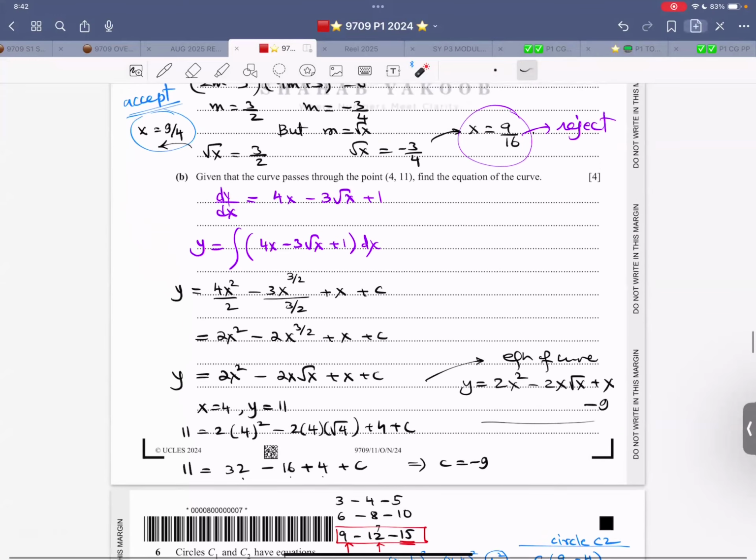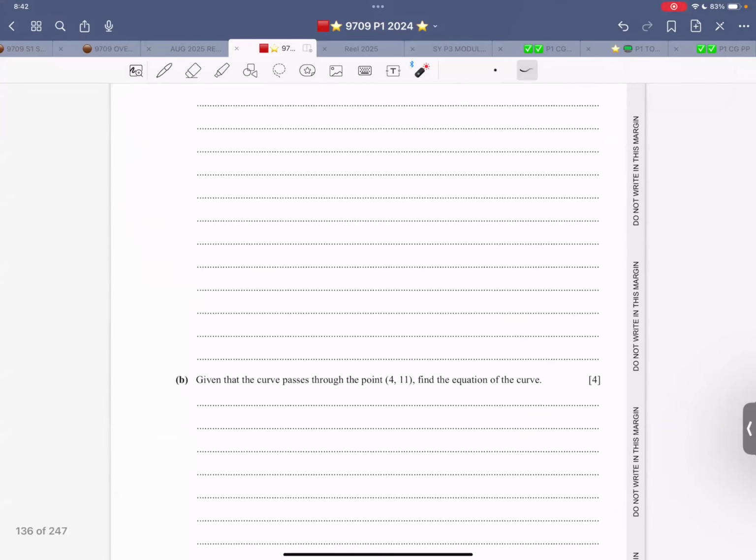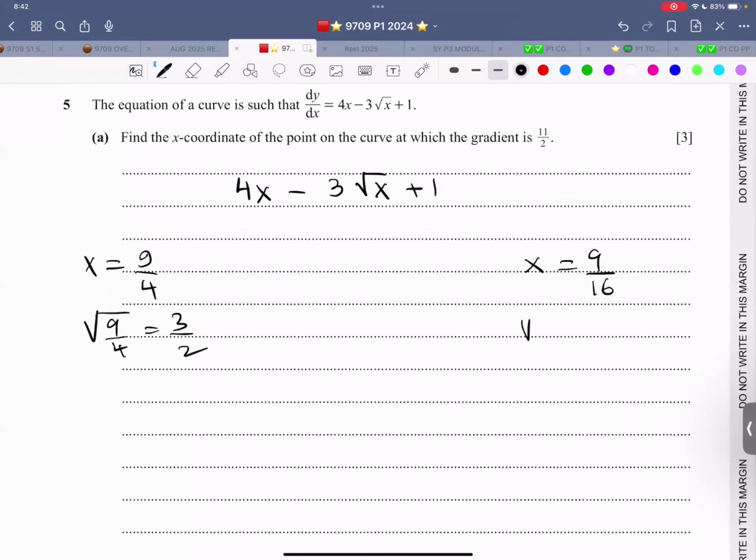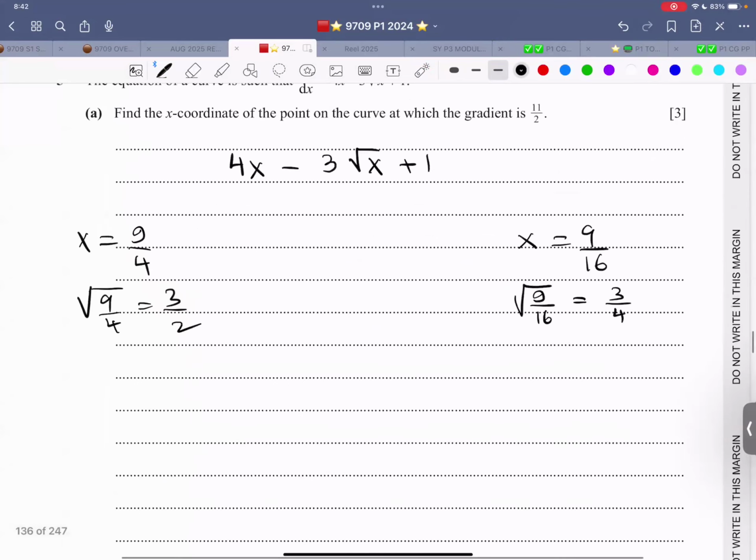Now let me add a page and let me just write this equation. This is 4x minus 3 root x plus 1. X is 9/4. X is 9/16. Square root of 9/4, let me write this as 3/2. Square root of 9/16, let me write this as 3/4.